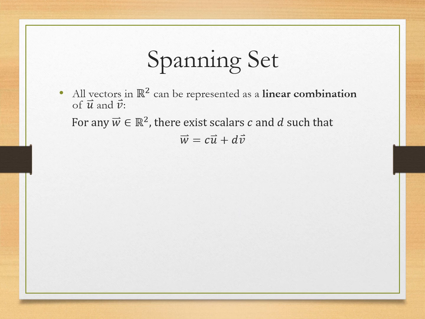All vectors in the two-dimensional real number space can be represented by a linear combination of two vectors, u and v, pointing along different straight lines, and you can express that this way: any vector w equals a number c times u plus a number d times v. That's why it's a linear combination, because it's a sum.